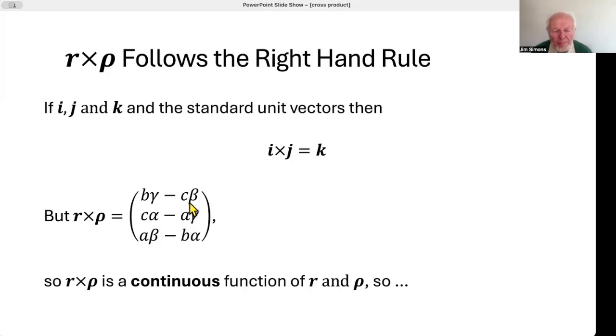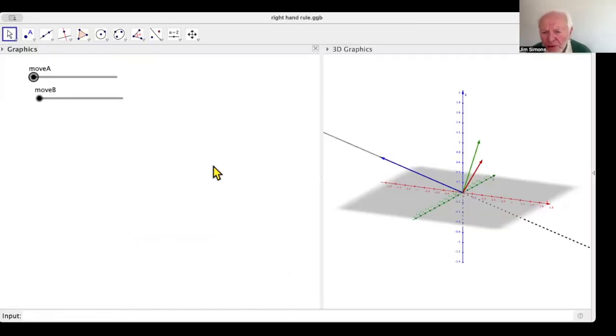So now let's do some visualization. Here is a little GeoGebra thingy. r is the red vector, rho is the green vector, and the cross product is the blue one. If I move A around a little bit, you'll see that the cross product only moves a little bit. So it's moving continuously as I continuously move A or I continuously move B. I'm starting in a random place, and what I'm going to do is move A and B towards i and j, respectively.